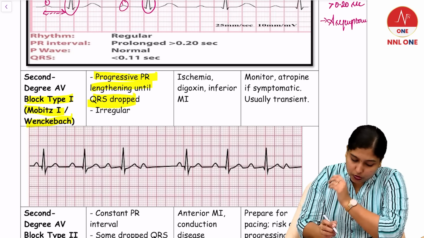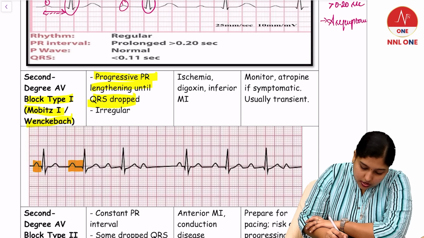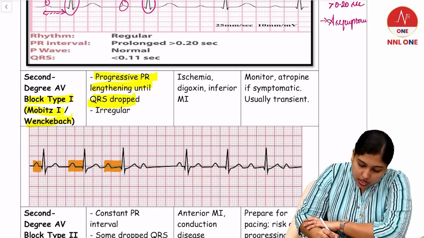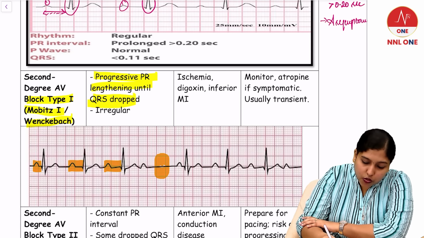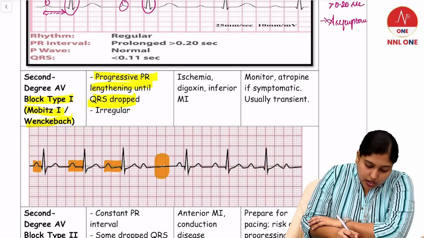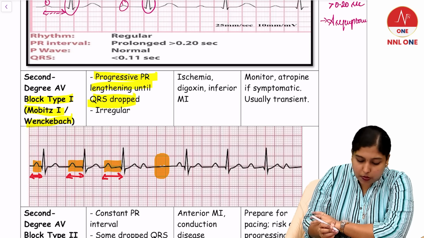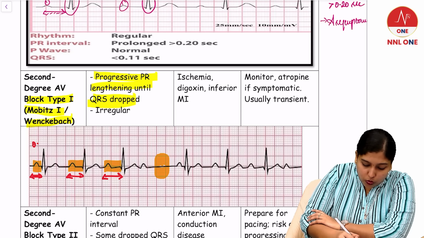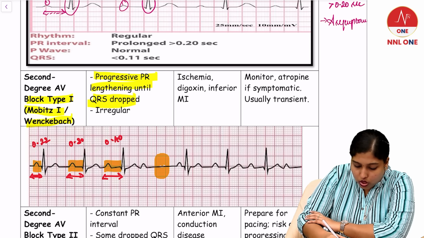For example, in this ECG, here is the PR interval, and here, and here, and then there is a drop in the QRS. You can see the PR interval is progressively prolonging. For example, here it is 0.22, here 0.30, here it becomes 0.40.